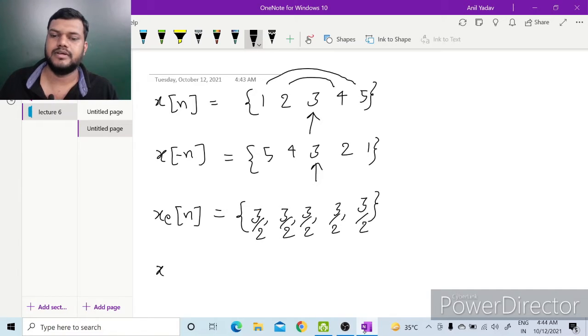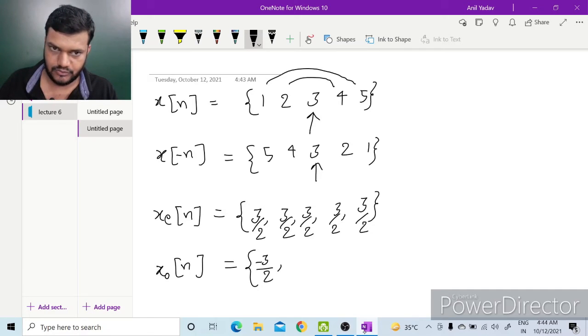Now what will be xo of n? The odd part of this signal will be x[n] minus x of minus n by 2. So this will be minus 4 by 2, which is minus 2.